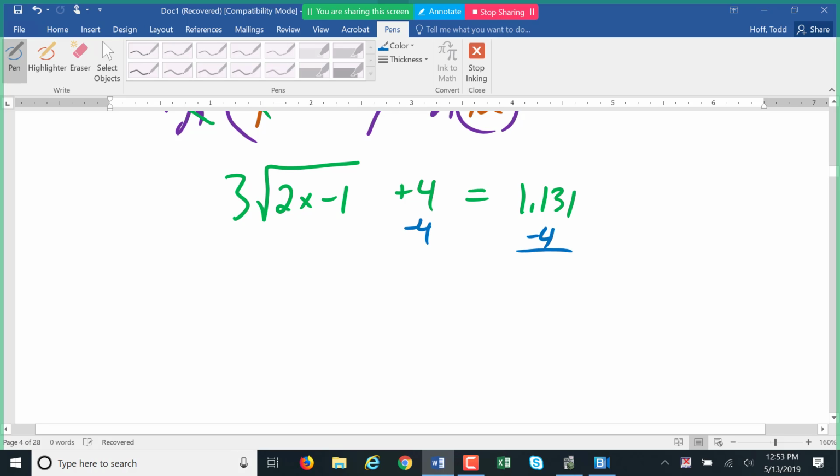Yeah, now this is a radical equation. We have to isolate the radical. We subtract 4. 3 times the square root of 2x minus 1 equals negative 2.869.